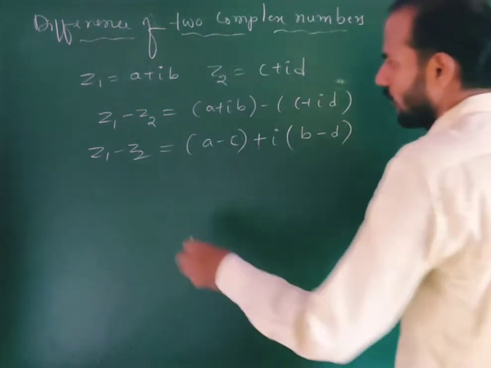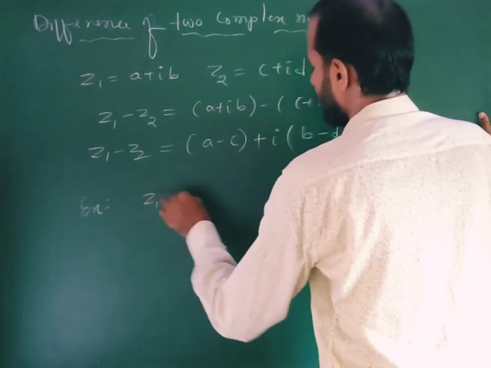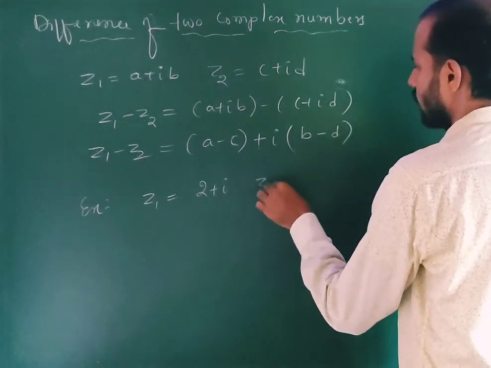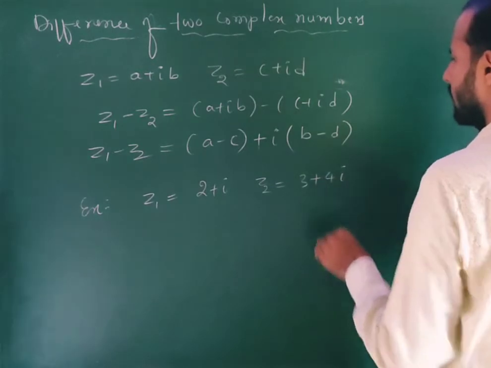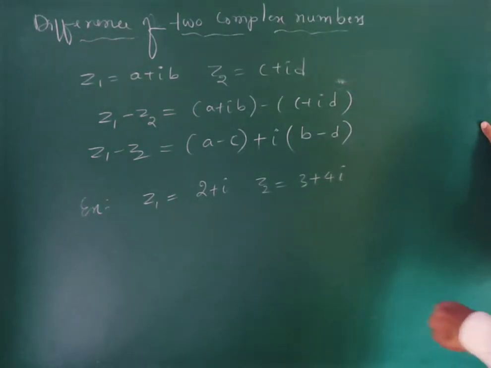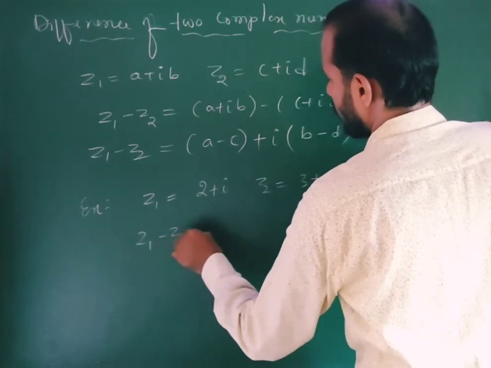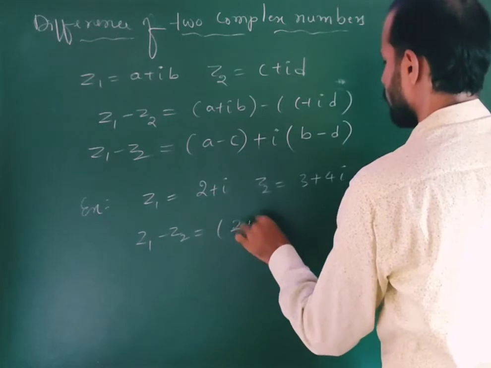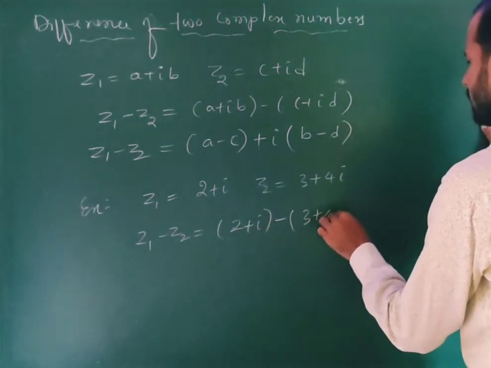Let us consider an example for this one. z1 equals 2 plus i, z2 equals 3 plus 4i, right? Now z1 minus z2. z1 is 2 plus i minus (3 plus 4i).